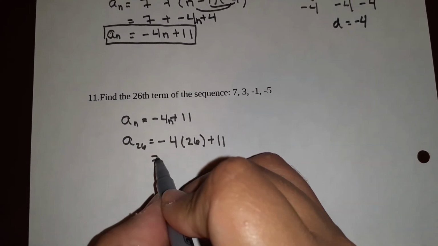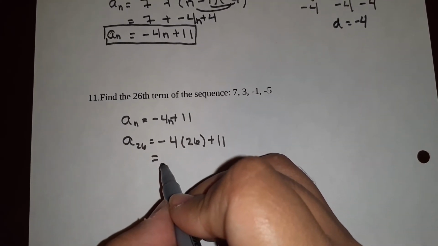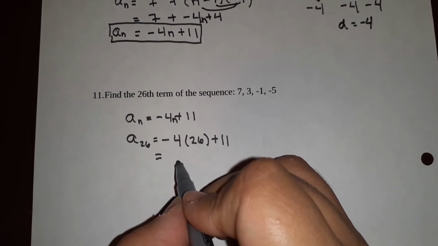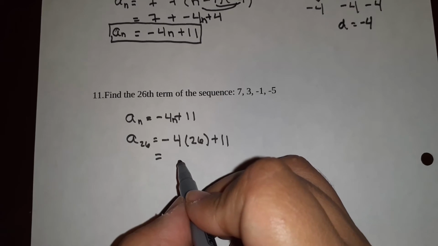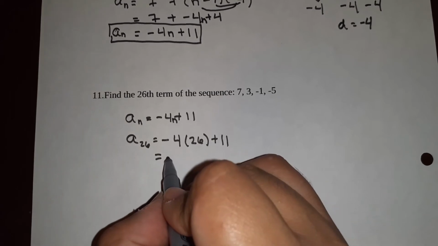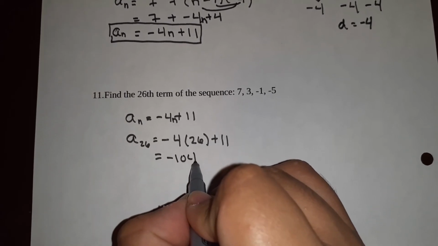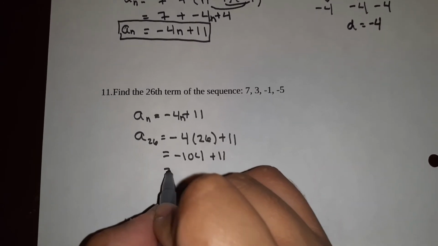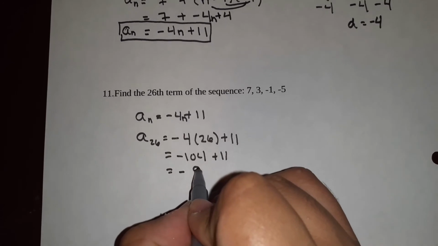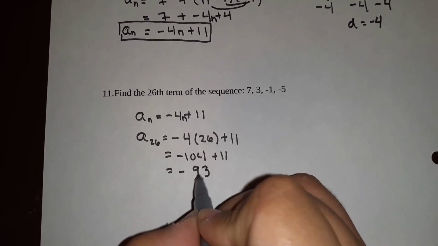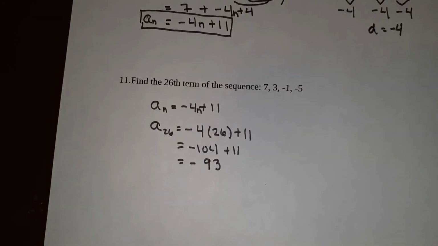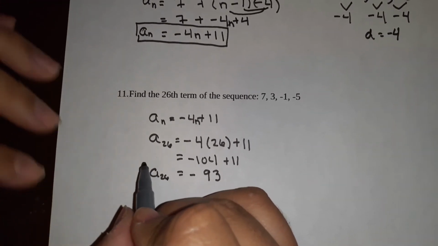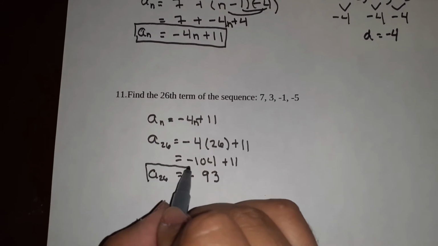And when I put this into the calculator, I'm going to get negative 104 plus 11, which will give me negative 93. And negative 93 is my 26th term in the sequence.